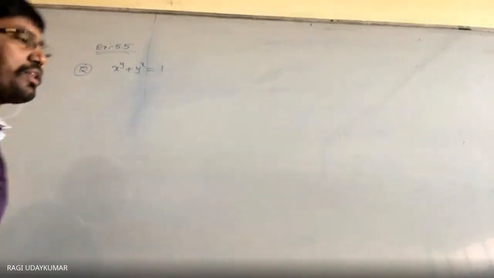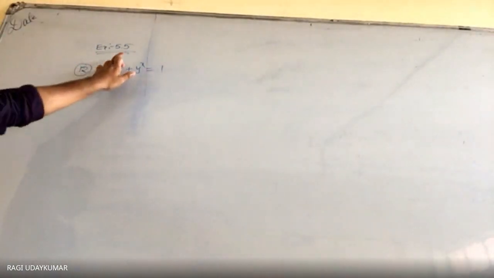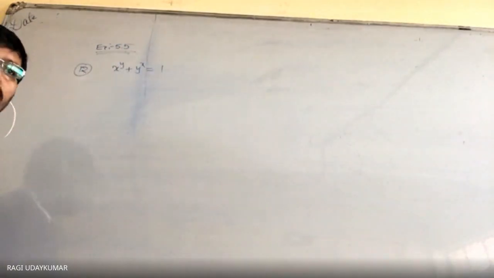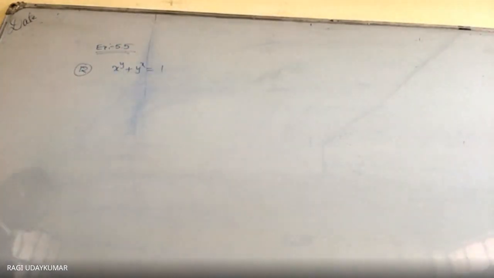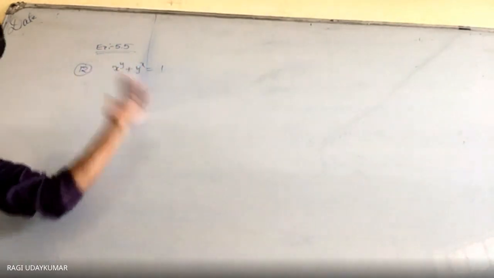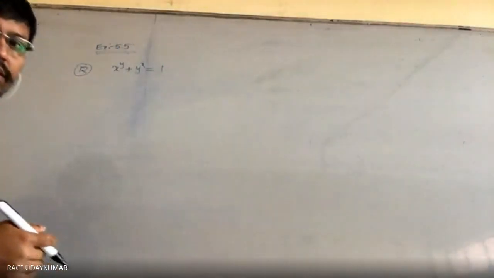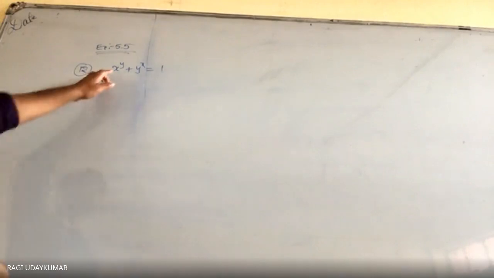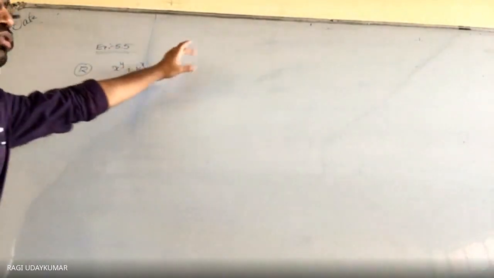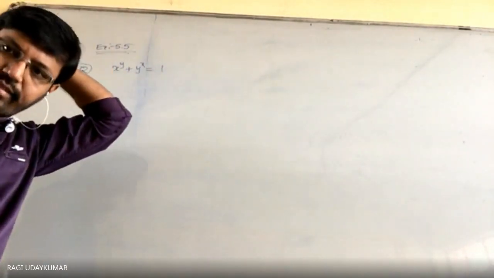Whenever you take into consideration here, x power y plus y power x is equal to 1 is given to you. So here also you take x power y is equal to u and y power x is equal to v. By considering u and v, you have to find dy by dx, differentiating with respect to x.